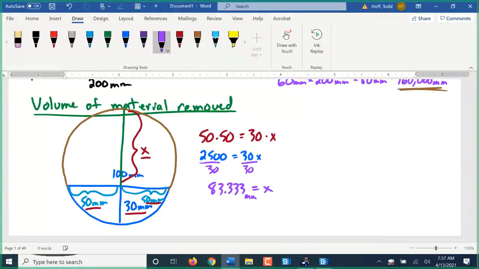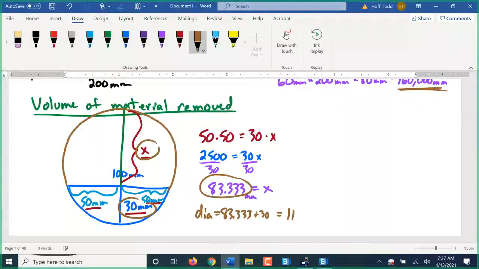Which means the diameter of that circle is that 83.33333 for X plus the 30, equals 113.333 millimeters.